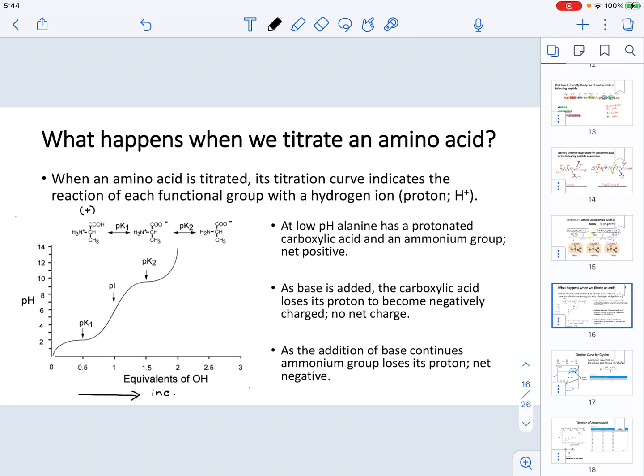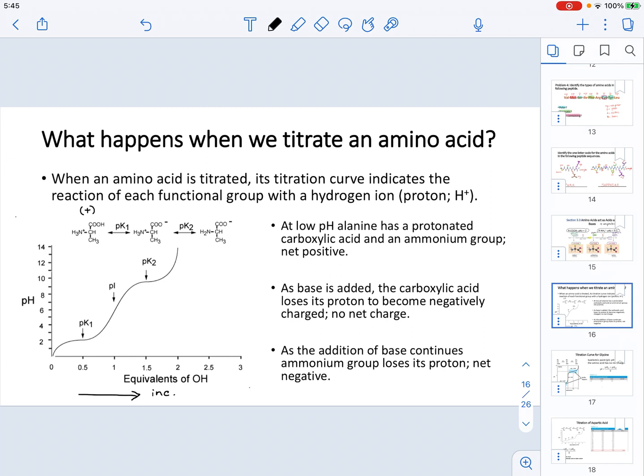As I was mentioning, at the beginning of our titration, the structure of our alanine is a cation because we have the protonated amine group and we have a carboxylic acid.